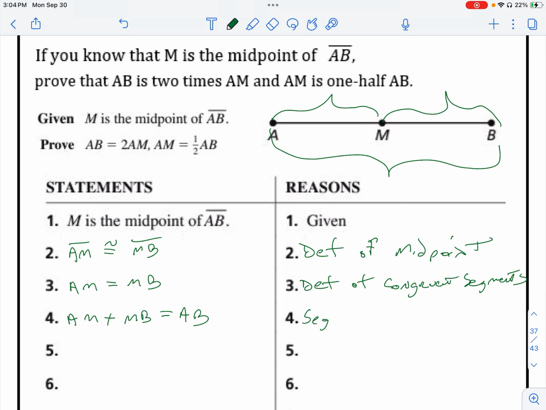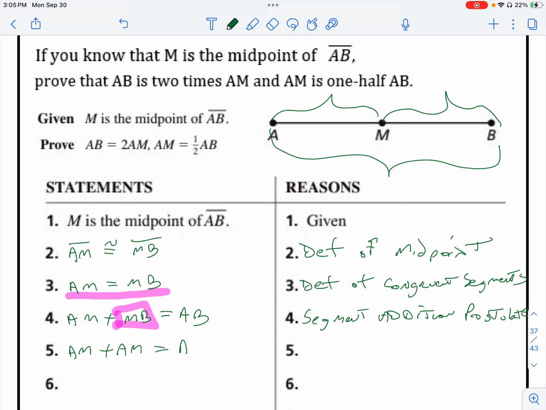Oh, wait, that's the segment addition postulate, which we talked about a few videos back. Okay, where to go from here? Well, AM equals MB. Here I have an MB, so AM plus AM equals AB, because the things I have to prove, I need in terms of AB and AM.